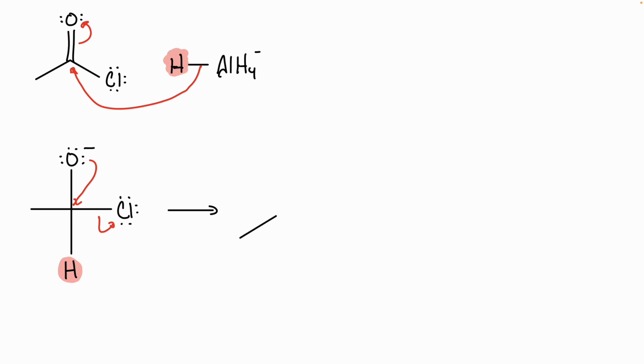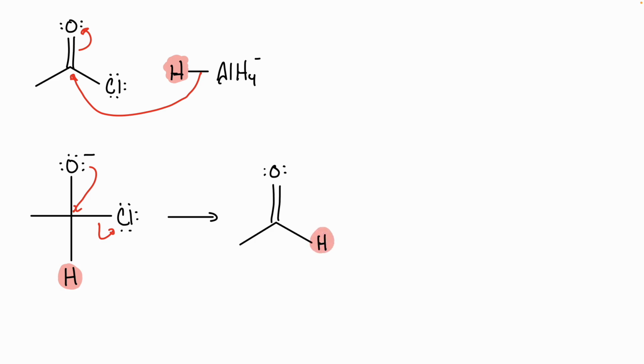All right, so we kick off that good leaving group, that chloride ion, and that leaves us with an aldehyde here. But then what do we know about aldehydes in the presence of lithium aluminum hydride? They will also be reduced. So just like we saw with our Grignards, we're going to have another round of nucleophilic attack, creating another one of our tetrahedral intermediates.